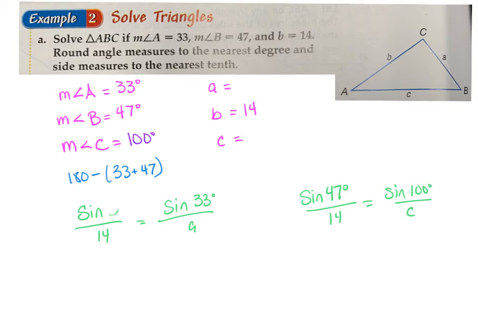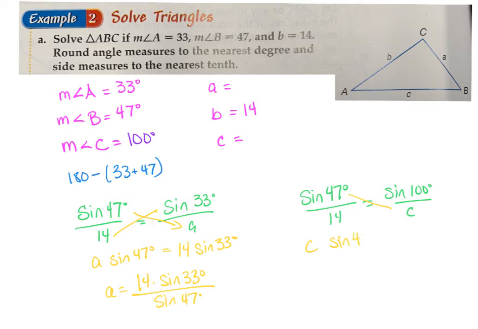So you're going to solve for both of these, and you're going to complete your triangle by this. Cross multiplication. So A times the sine of 47 equals 14 times the sine of 33. So A is going to equal 14 times the sine of 33 divided by the sine of 47. Same thing here. C times the sine of 47 equals 14 times the sine of 100.